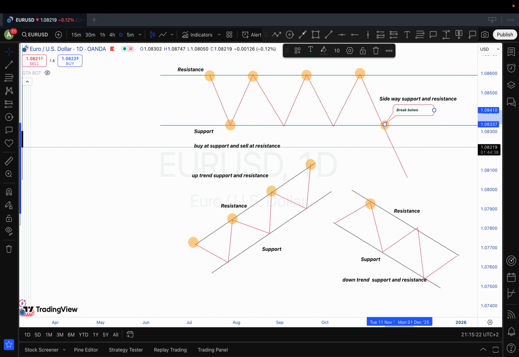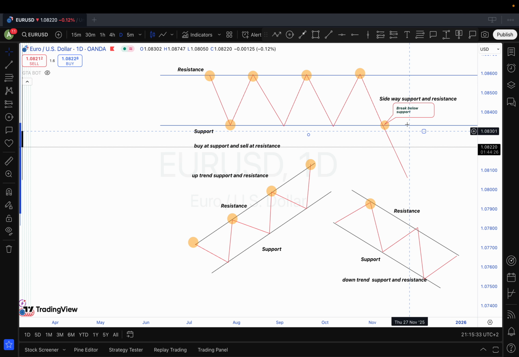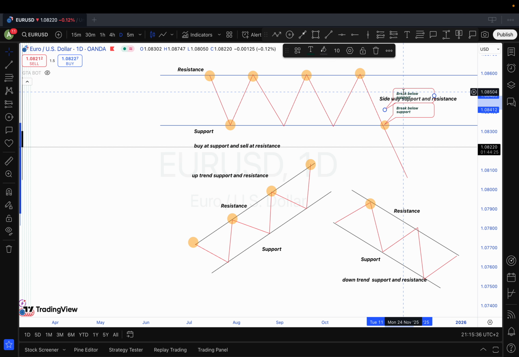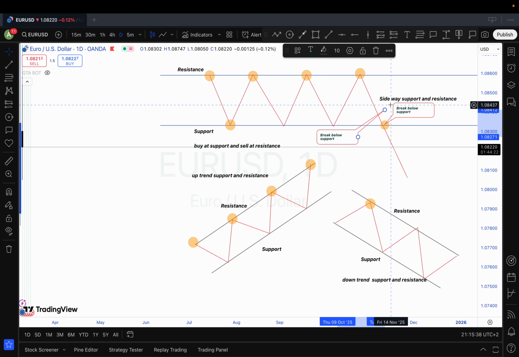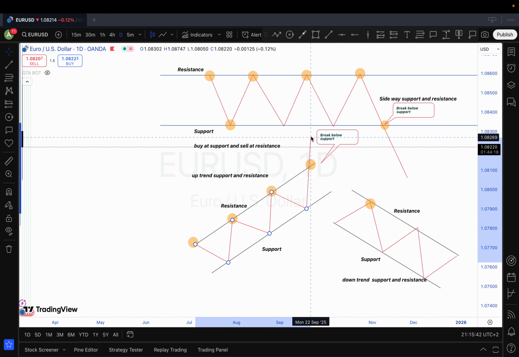So that means it breaks below what? Break below support. Break below support over here. Let's say we have another situation over here that warrants us to break above the resistance.